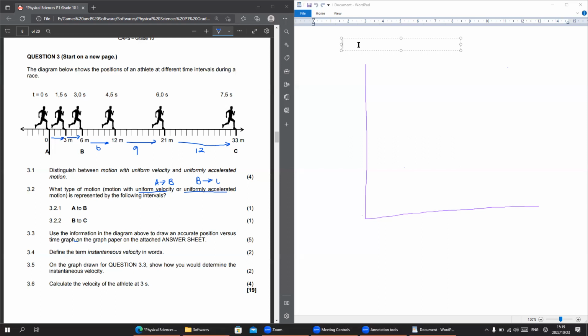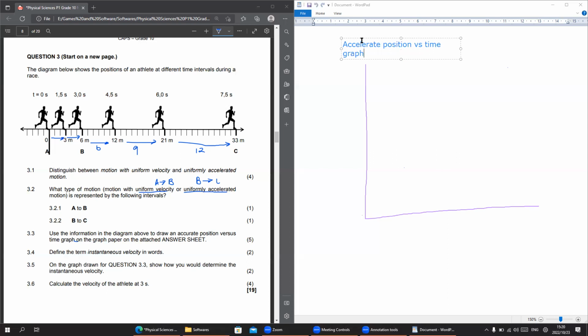So the first thing is the heading. So you're correct. So I'm just gonna write accelerate position versus time graph. Or you can just say graph showing the accelerate position versus time.